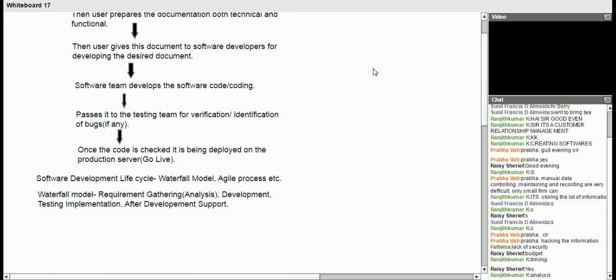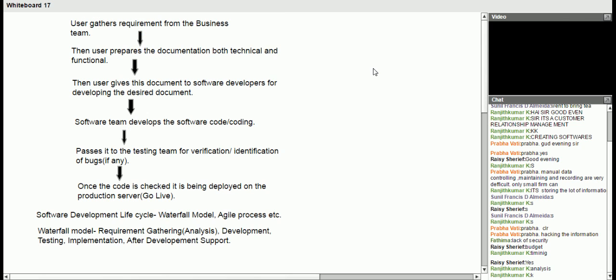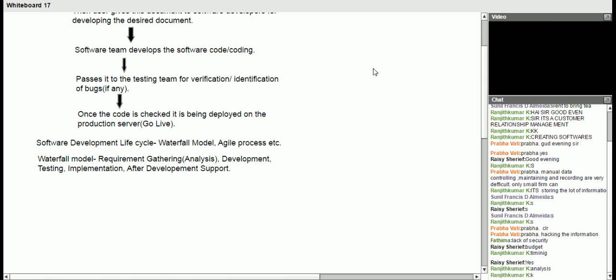So requirement gathering, development, testing. I missed out one comma here. Implementation and after development support. So these are different models we use for the software development.